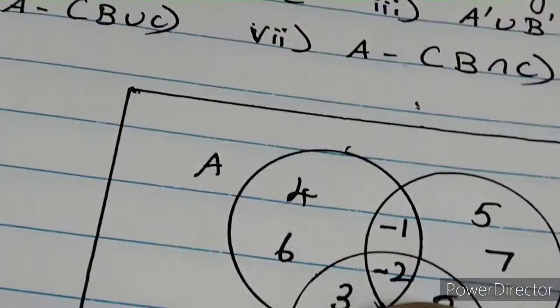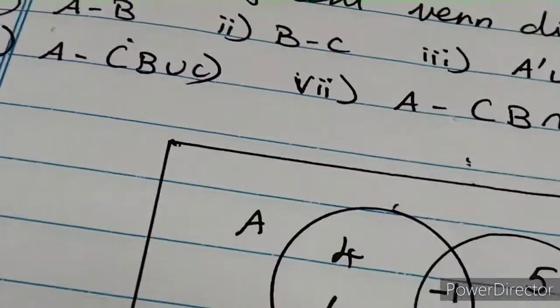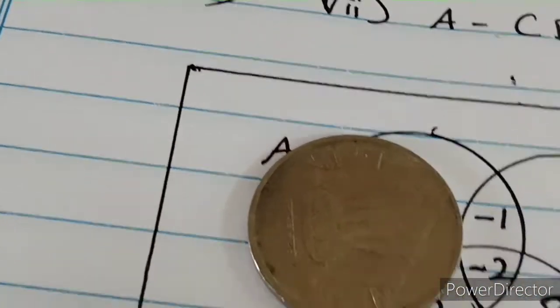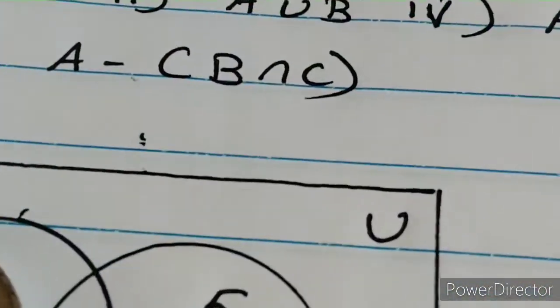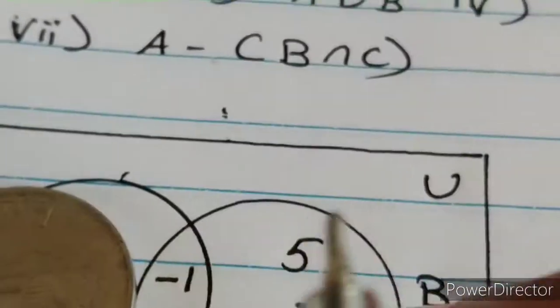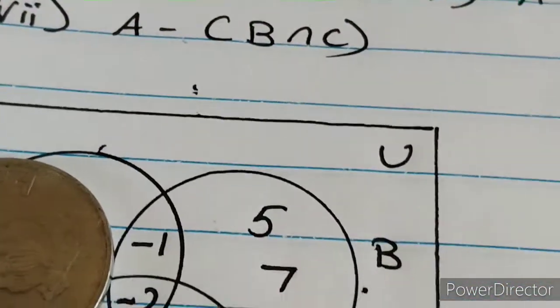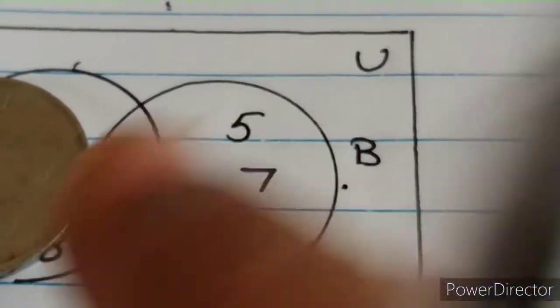Now the elements in B. If you close A and close the circle C, you will get the circle B. That is -1, -2, 5, 7 and 8.